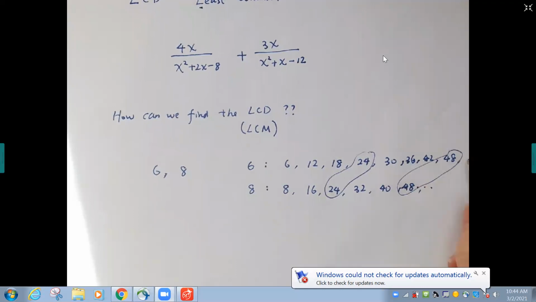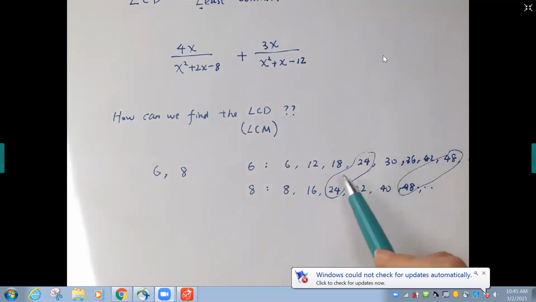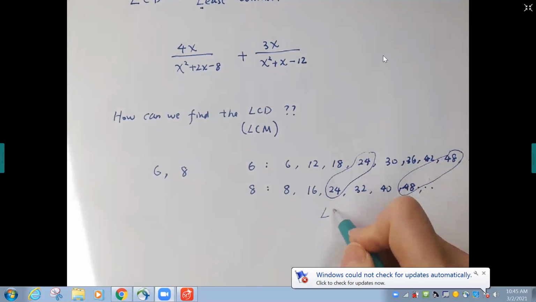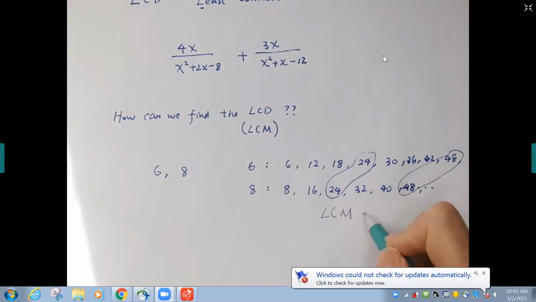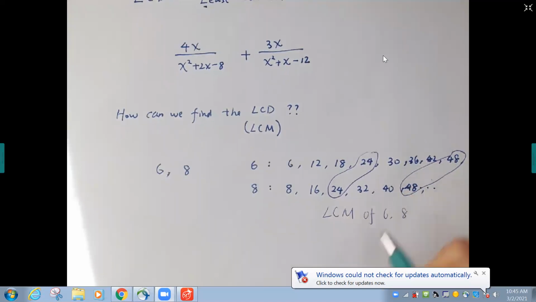If we keep going, we'll see 72 here as well. So there are a lot of common multiples. But the smallest one, the least one, is what? It is 24. So 24 is called the least common multiple of 6 and 8.